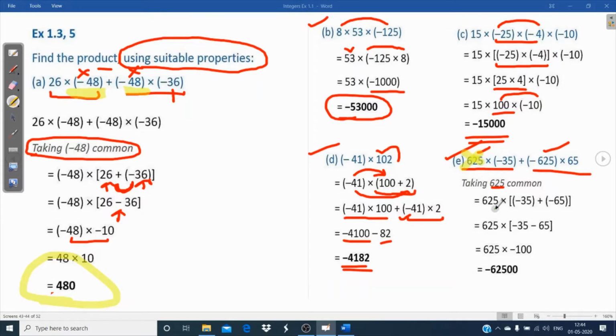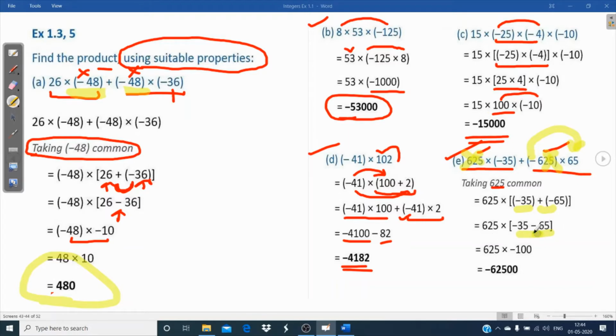Minus 35. So 625 taken common, minus 35 left inside. In the next term, I have taken 625 common, but what's left? Minus is still left. This minus will add here, so minus 65 will be left. Plus sign as it is, minus 65. Later when you solve this thing, plus minus will become minus 65, minus 35.